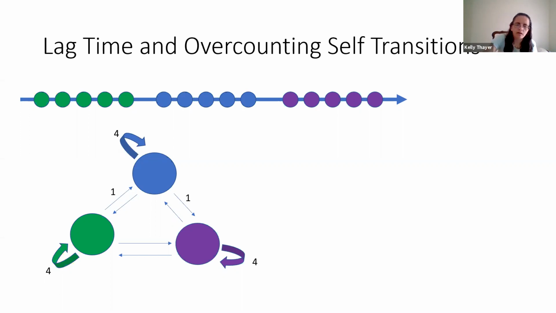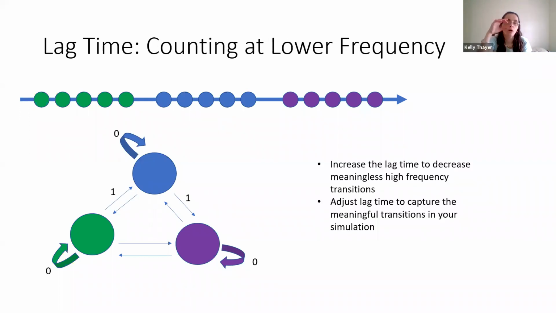Let's consider the situation where we count at a lower frequency. Here's an example where I've counted with an increased lag time. I increased it to 5. If we counted every 5th one, I would look at this one, skip 2, 3, 4, and the 5th one, and then go on to the next one.